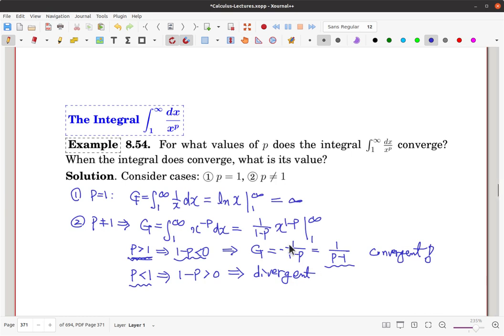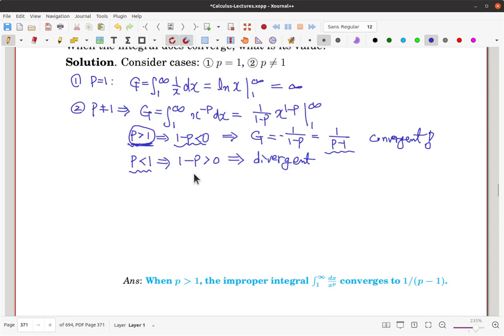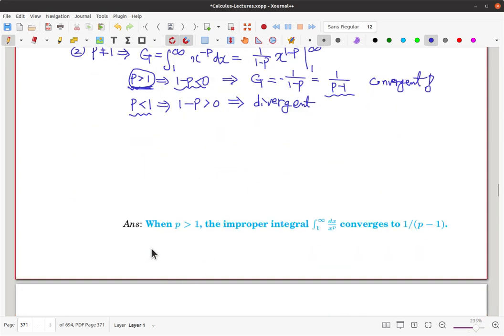So only when p is larger than 1, it is convergent. Yeah, when p is larger than 1, the improper integral converges to 1 over p minus 1.